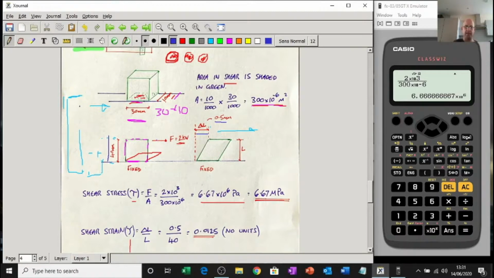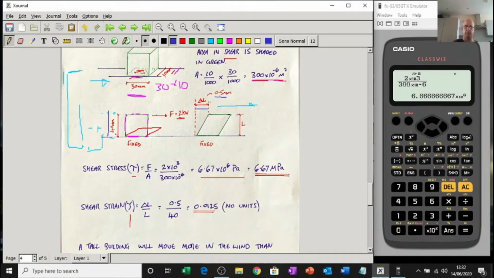So in this example, I've kept them both in millimeters. The change in length is 0.5 millimeters divided by the original length, which is the height of this thing, which is 40, gives me 0.0125, no units.